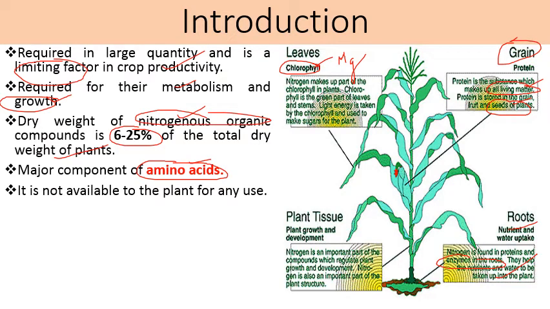Molecular nitrogen is not available to plants for use as it is, and plants do not have any machinery with the help of which they can fix molecular nitrogen.